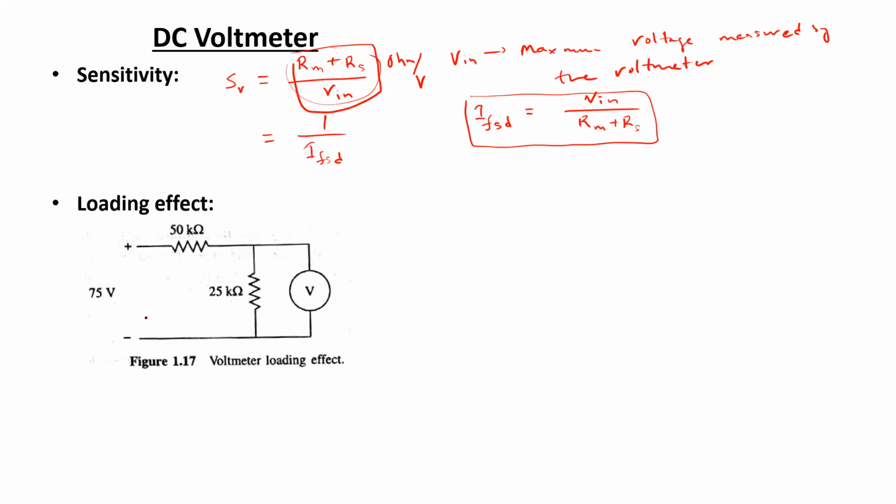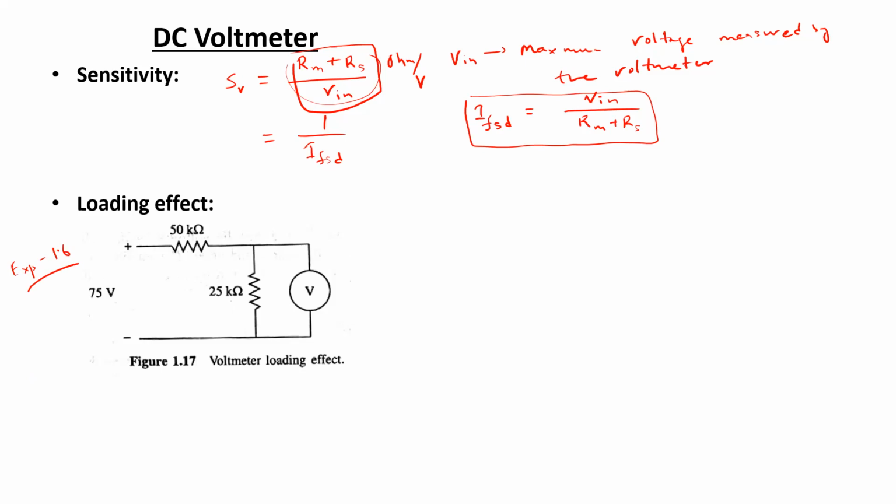So if we discuss an example from the book of MMS Anand, the loading effect can be visualized a little bit better. This circuit diagram is taken from example 1.6 of the MMS Anand book.